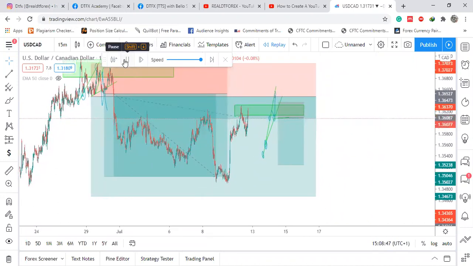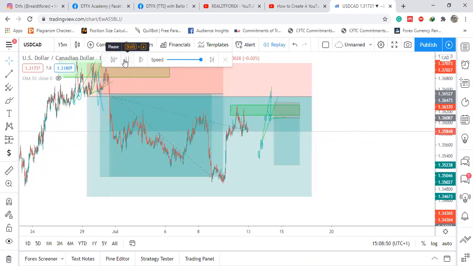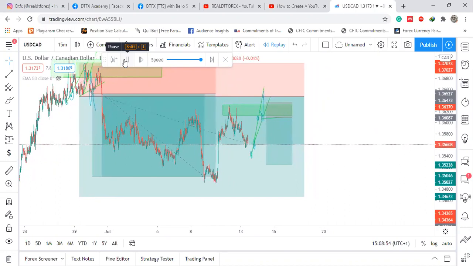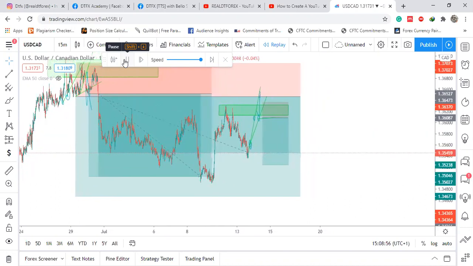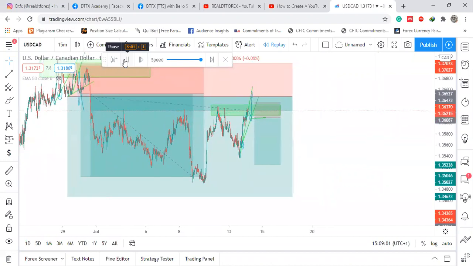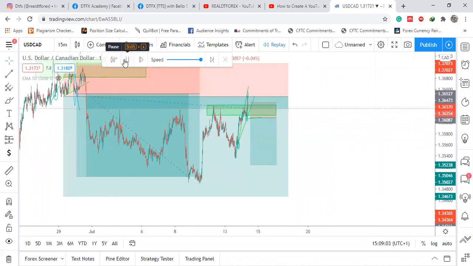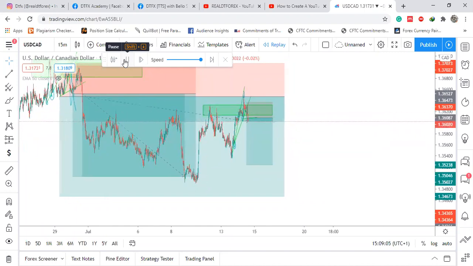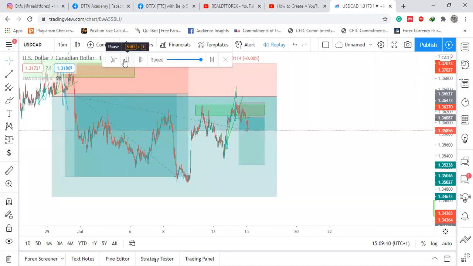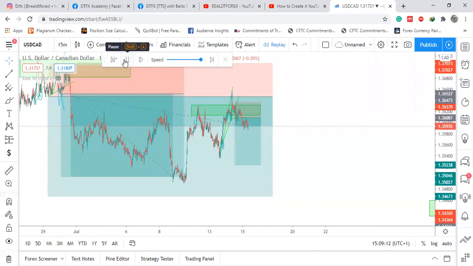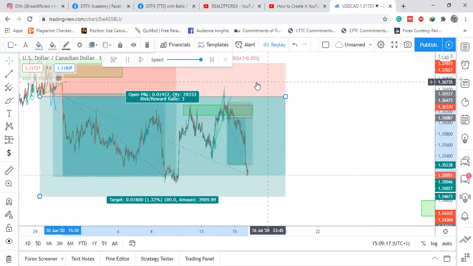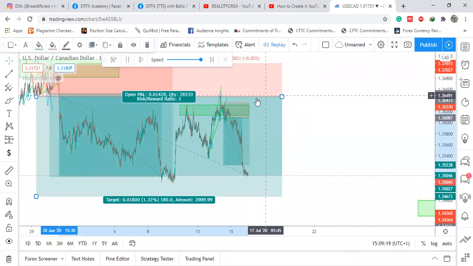Let me see. Why I'm still holding this trade for a long time is that even if it goes against me, I can't lose again because I already have break even.